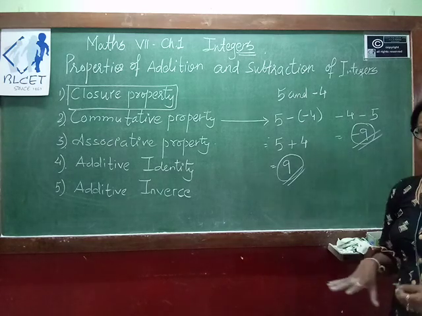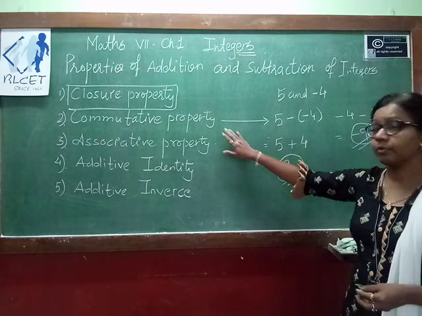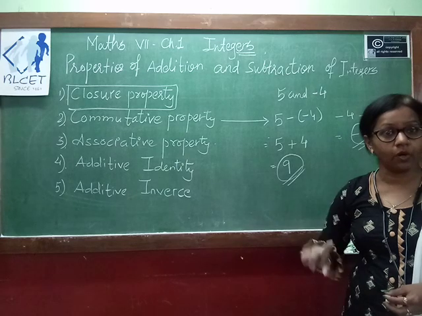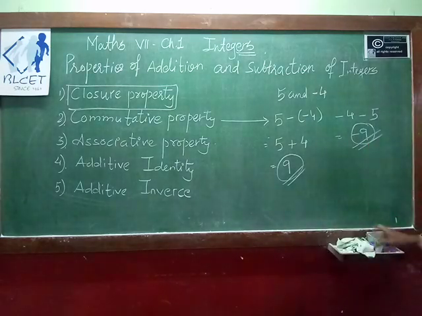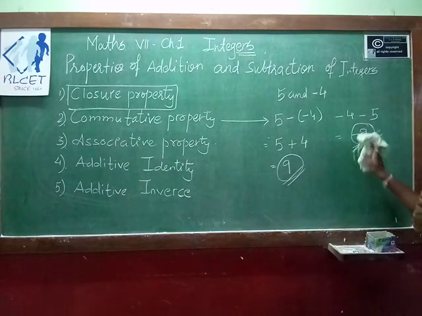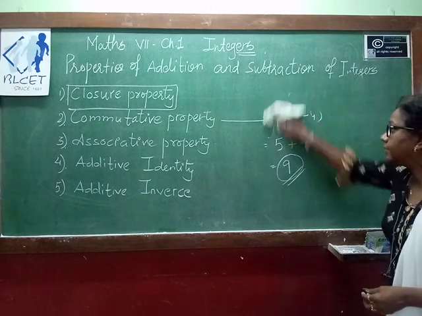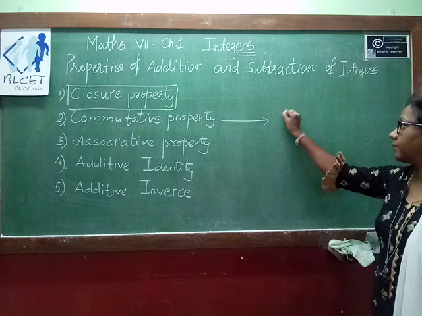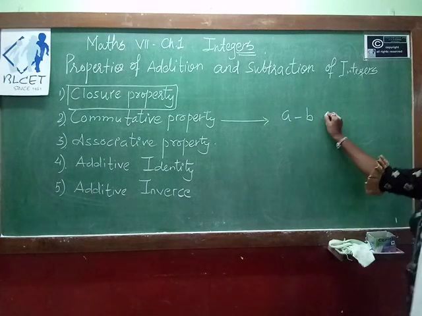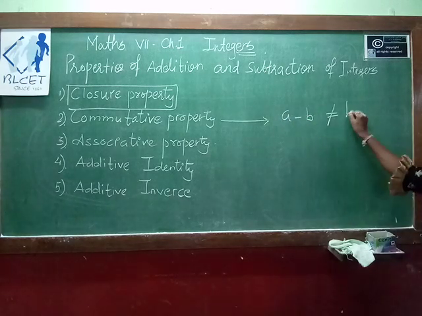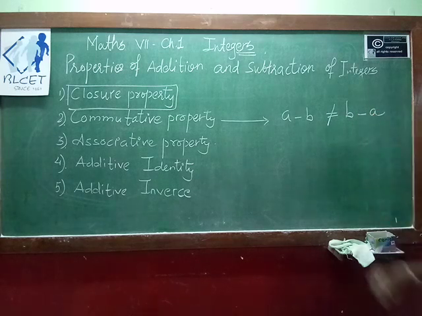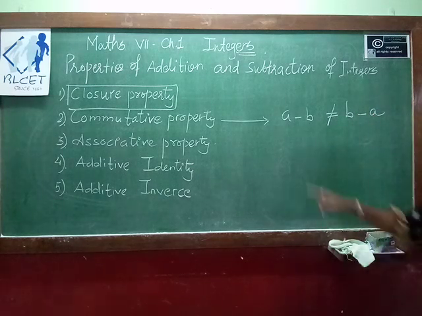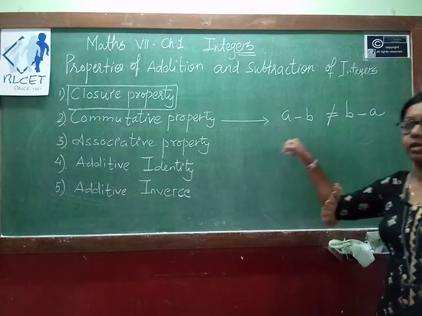So the commutative property does not hold for subtraction of integers, because a minus b is never equal to b minus a.